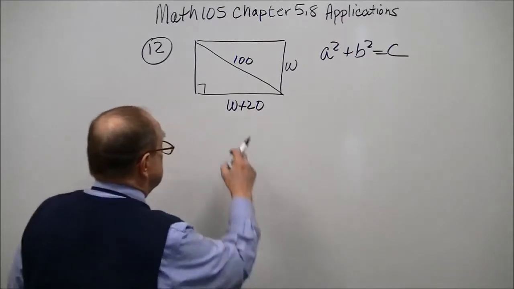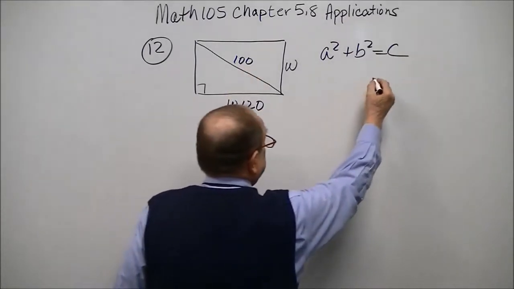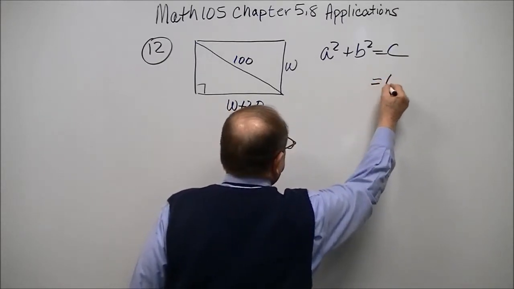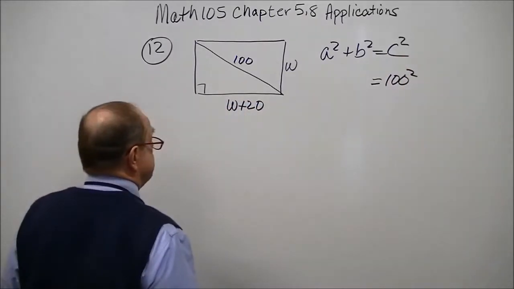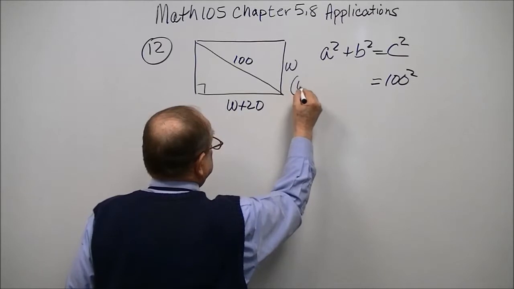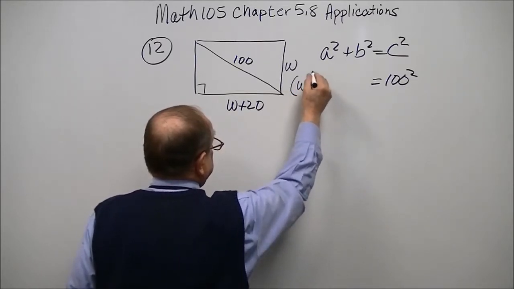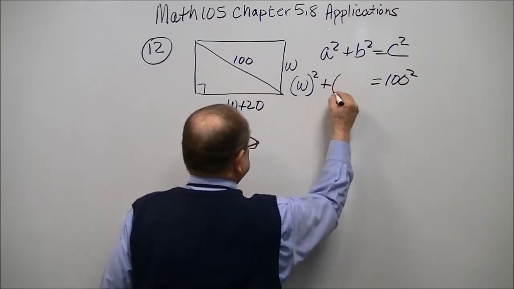And you know what C is. This is the hypotenuse. The hypotenuse is going to be 100 that we're going to square. We're going to square this side. And we're going to square this side.